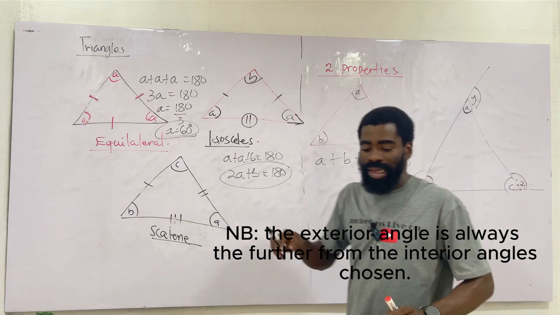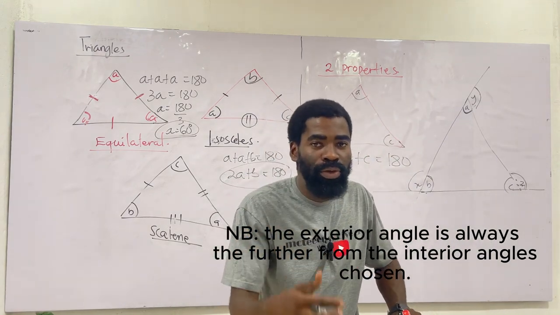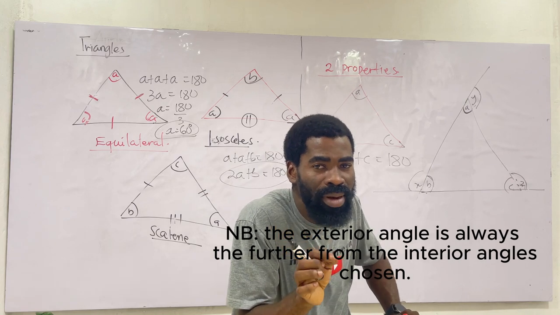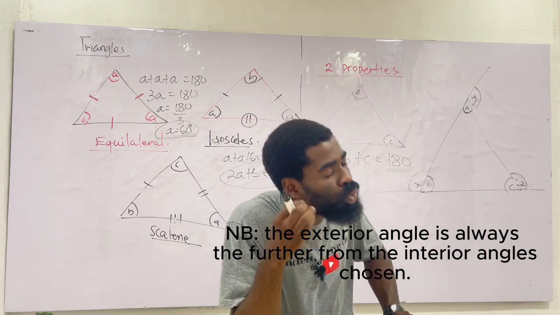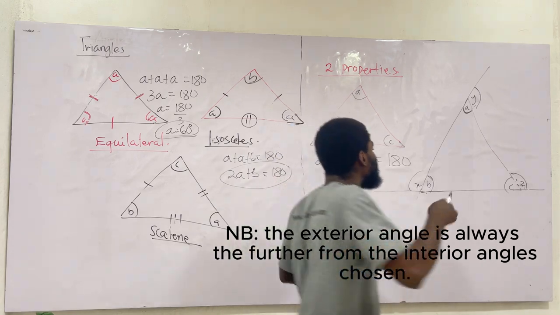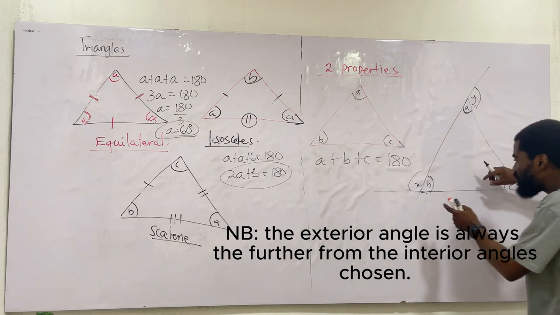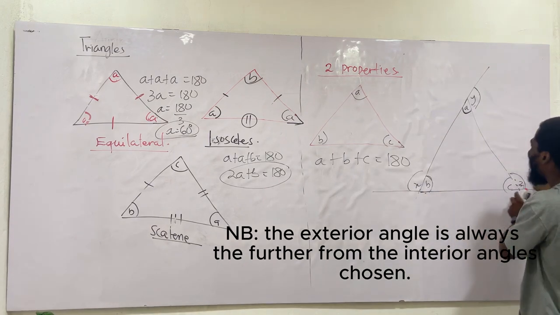Let me say it again. The exterior angle that we equate to the sum of these two interior angles must not come from the interior angles we chose, must be from the other side.